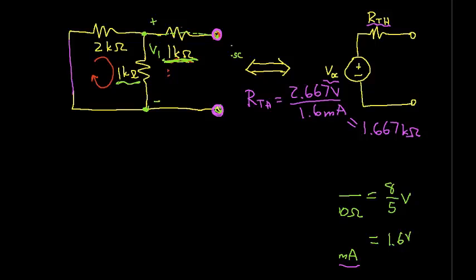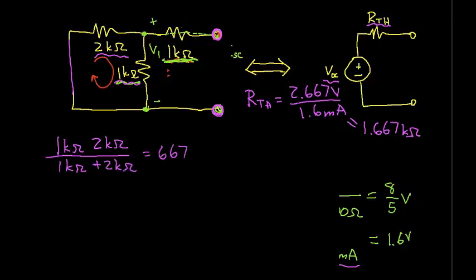You'll notice that this 2k ohm resistor and this 1k ohm resistor are in parallel. So I can replace this 2k ohm and 1k ohm resistor with the following: 1k ohm times 2k ohms over 1k ohm plus 2k ohms, which should be 667 ohms.